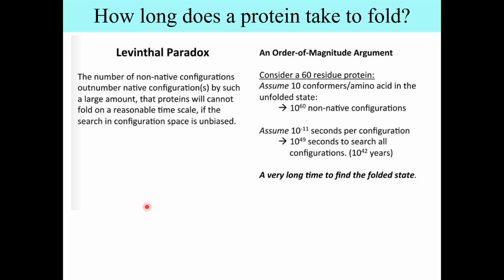Okay, so let's start with Levinthal's paradox. Levinthal said that a single protein, from this long polypeptide chain, can fold into a specific 3D structure which is biologically functional, right?